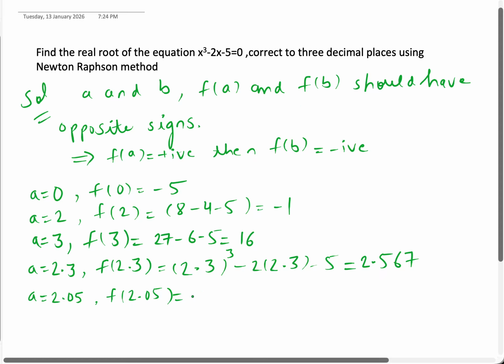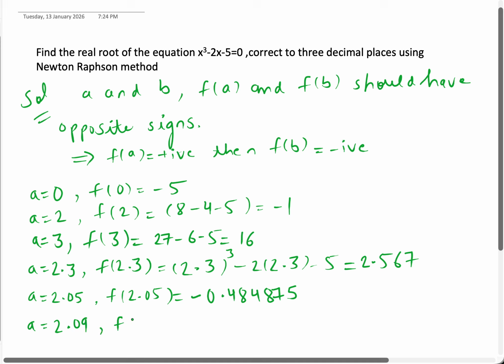This is negative 0.484875. It's still negative.